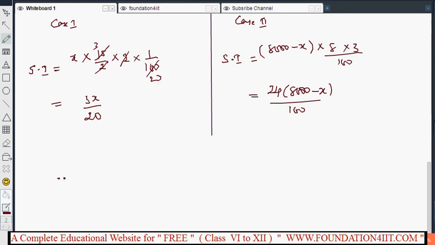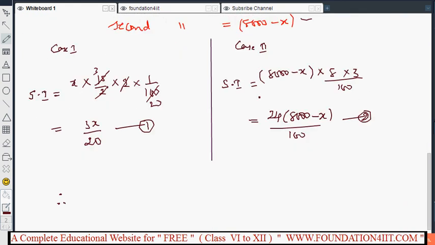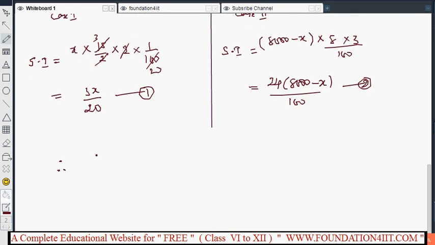Therefore the total simple interest is received. If it is part 1 and part 2, the total simple interest must be, according to the given data, 1416. So the sum of these two should be 1416. That is 3x by 20 plus 24 into 8000 minus x by 100 is equal to 1416.